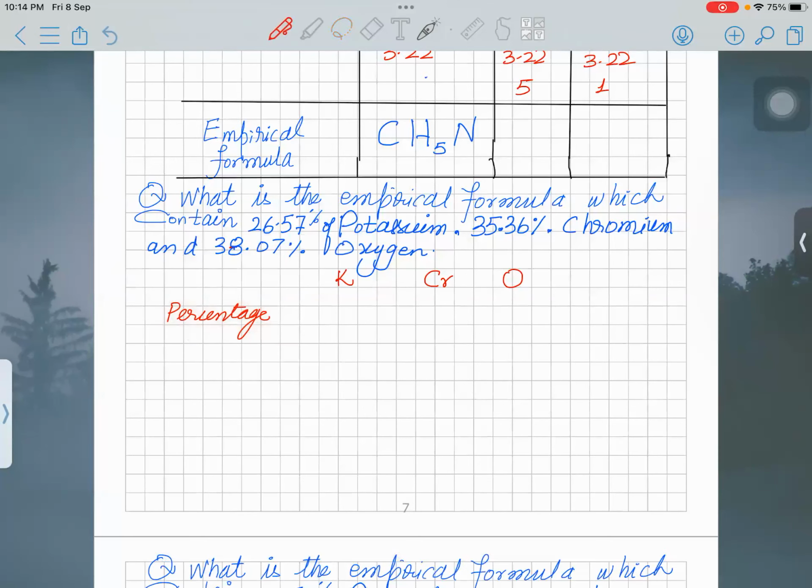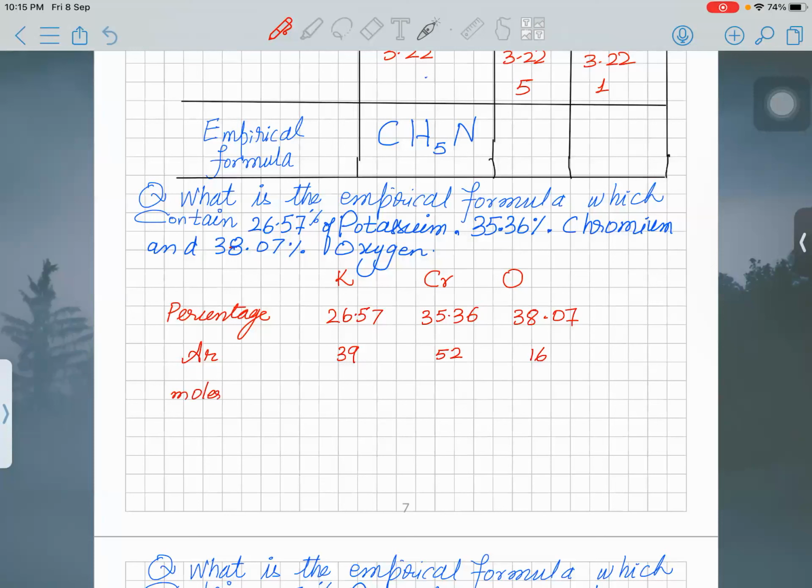Percentage of potassium is 26.57, chromium 35.36, then 38.07. Then atomic mass: potassium is 39, chromium is 52, and oxygen is 16.